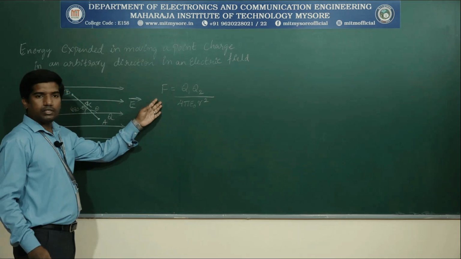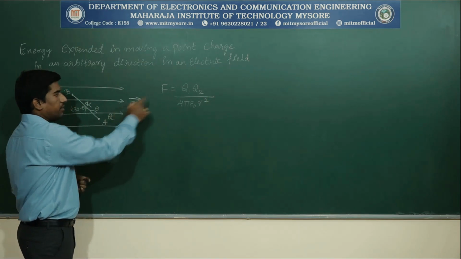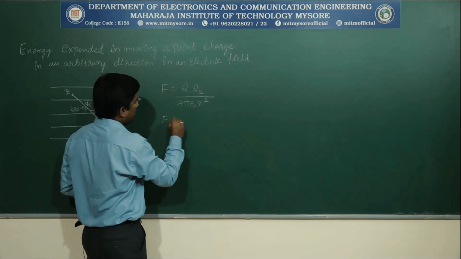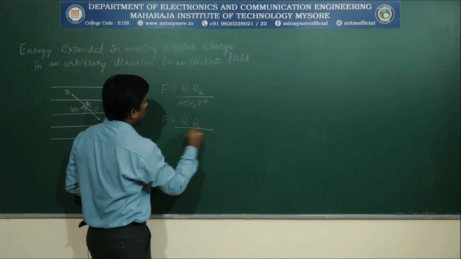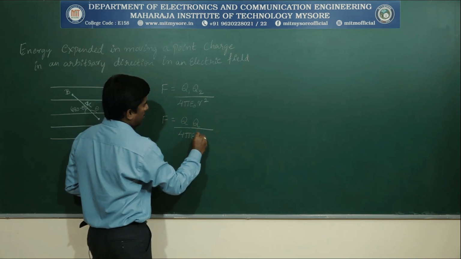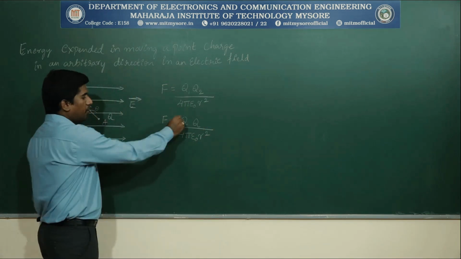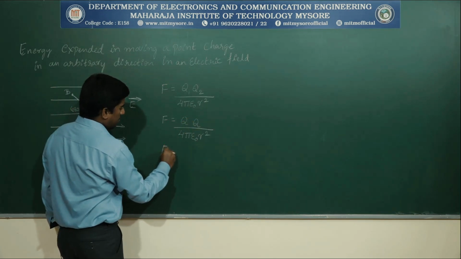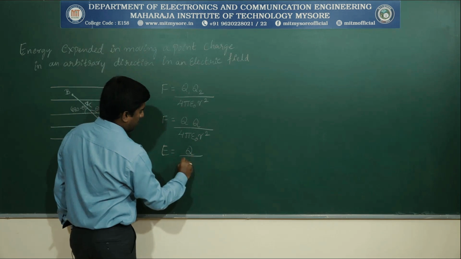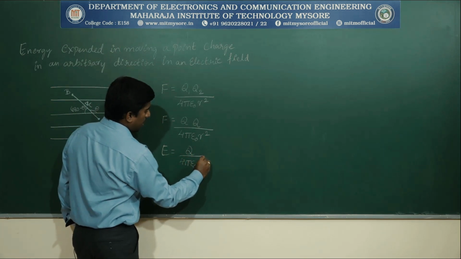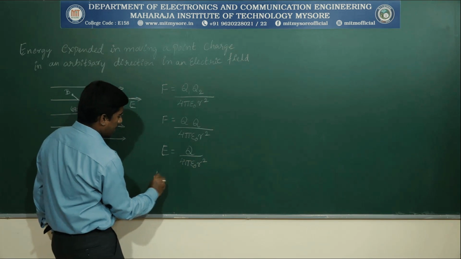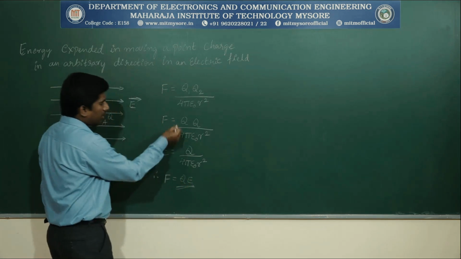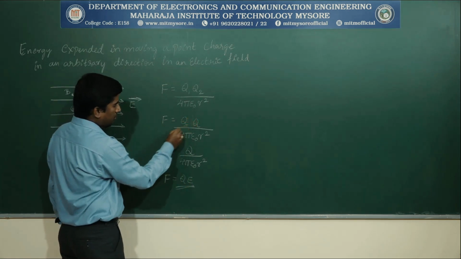Now, if one of the charges is a unit positive charge, then E is equal to Q divided by 4 pi epsilon naught into R square. Therefore, I can say F is equal to Q times E.